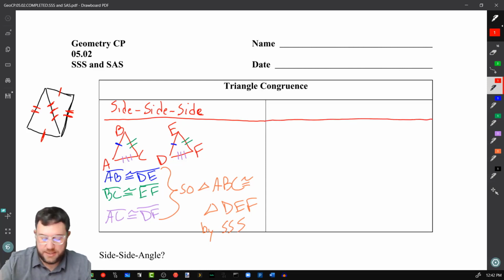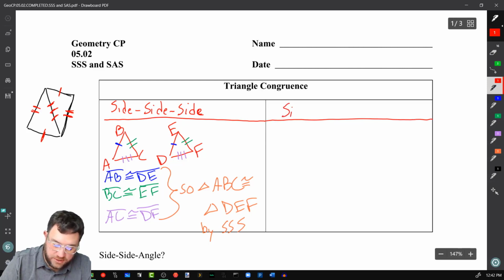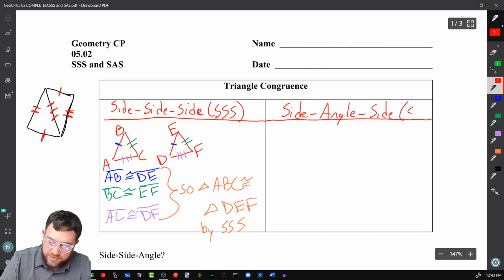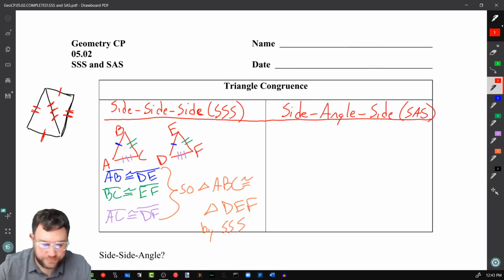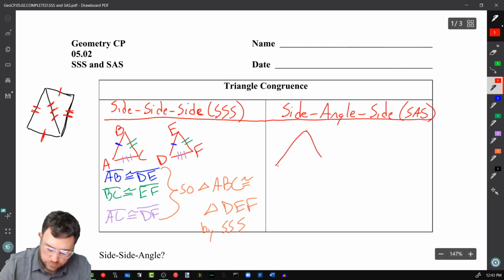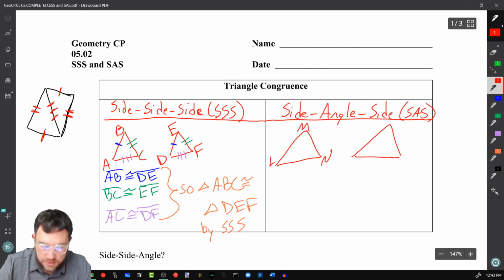Side, side, side. And we just abbreviate that SSS. Our next one is side, angle, side. And we abbreviate that SAS. Here we've got triangles LMN and PQR.